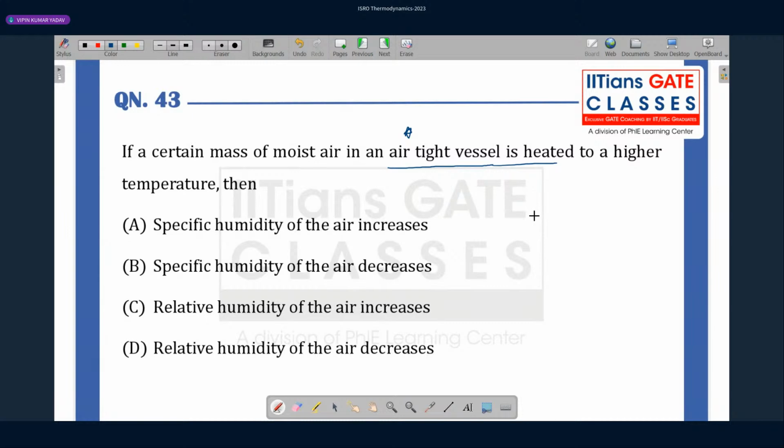First of all, the point to note here is it is only heating. Second is no humidification or dehumidification because it's an airtight vessel. You are not adding anything.